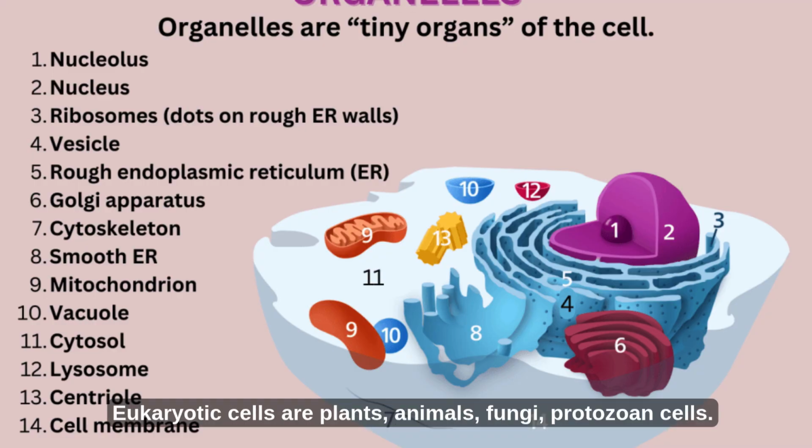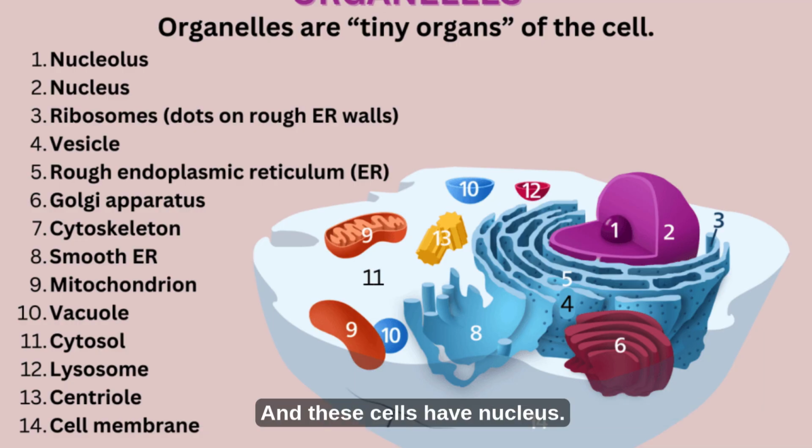Eukaryotic cells are plants, animals, fungi, protozoan cells, and these cells have a nucleus that contains DNA, and other organelles are inside the cells.